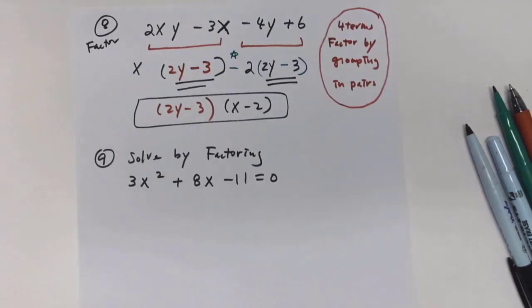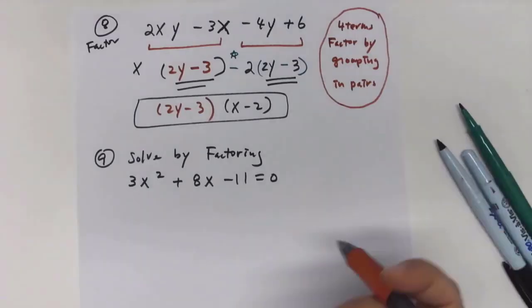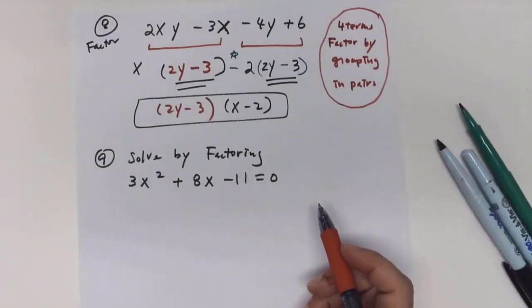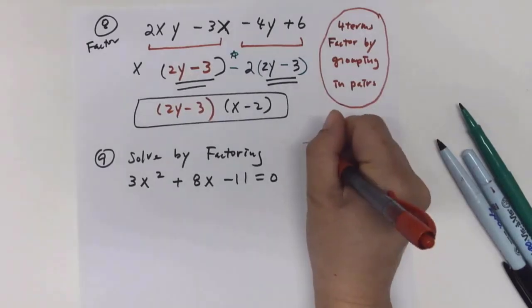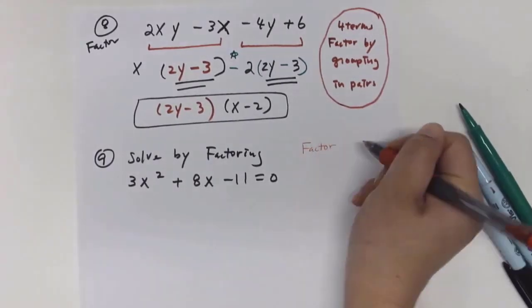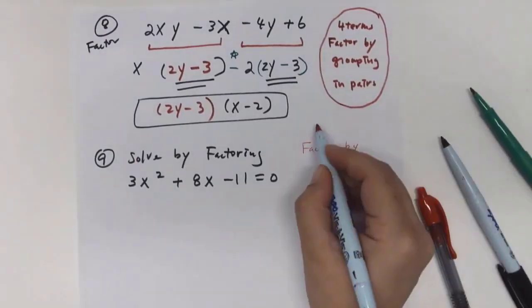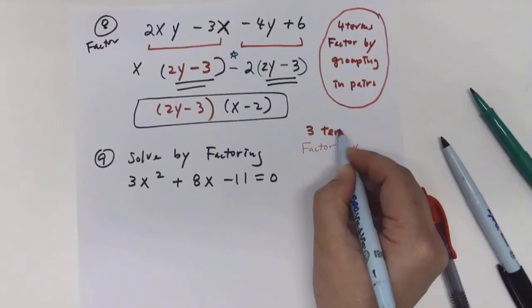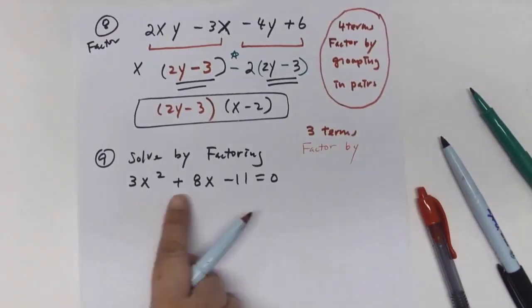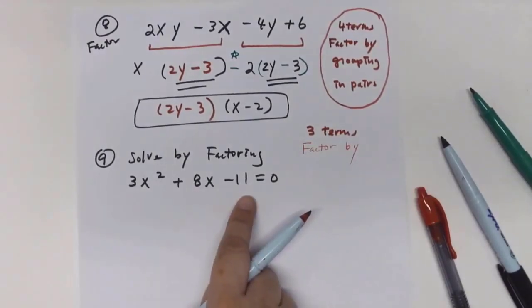Okay, because it's 3 terms, so we need to factor by what? We have ax squared plus bx plus c.